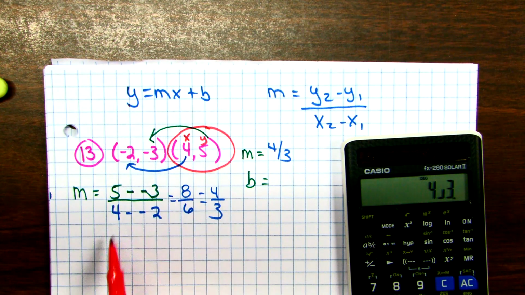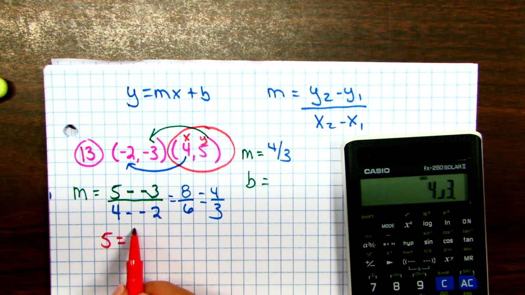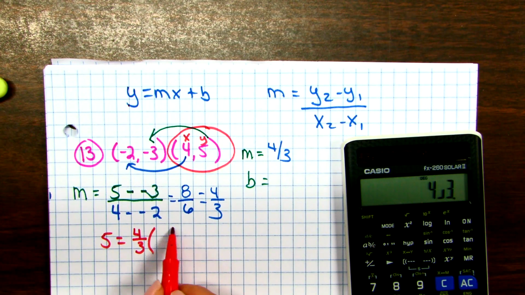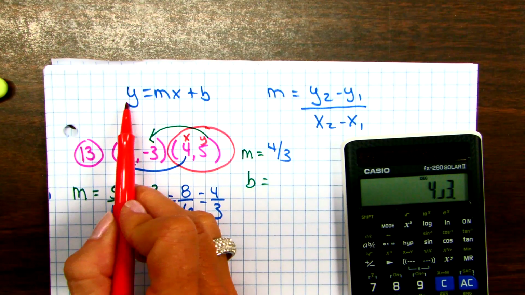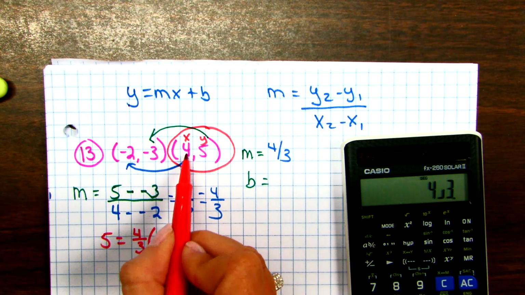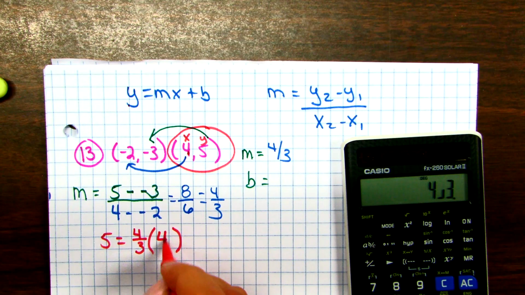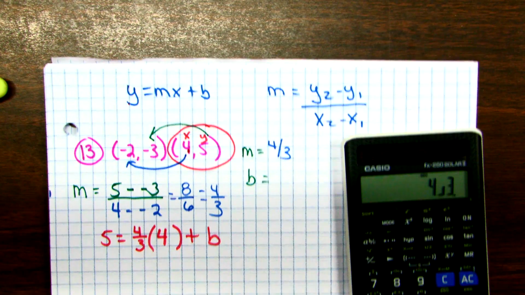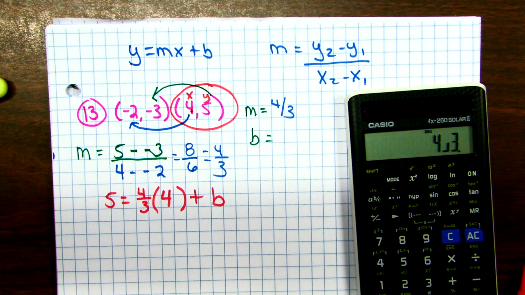So y is 5, m is 4/3 times x, right? y equals m times x. x is 4. Then there's a plus sign and a b. These steps are the same every time.